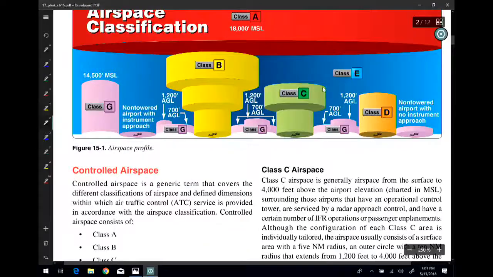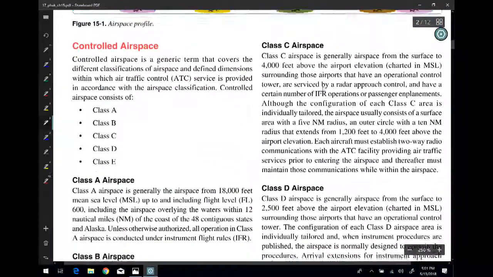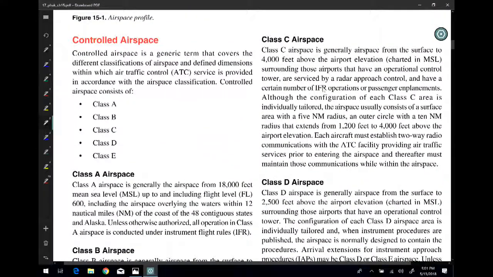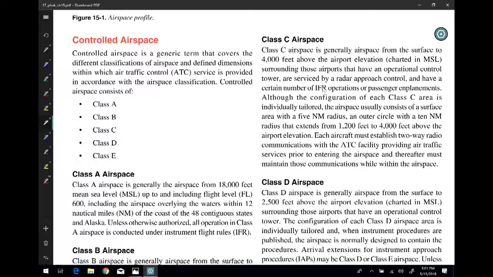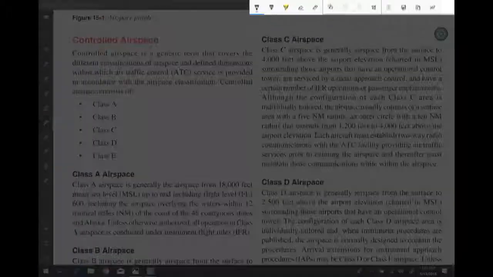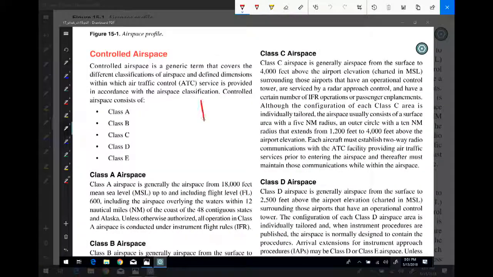So when we look at controlled airspace, this is that thing where we talk about air traffic control, kind of governing that. And so with controlled airspace, this is something that you're going to want to know. This part right here, controlled airspace, Alpha, Bravo, Charlie, Delta, Echo.